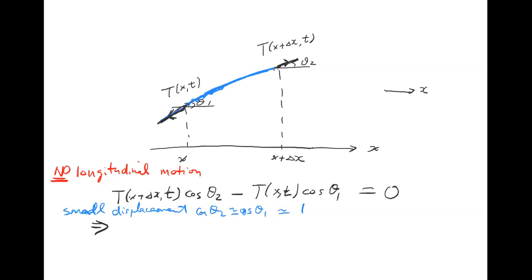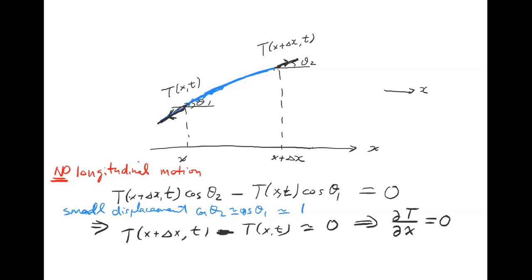So we have T(x plus delta x, t) minus T(x, t) approximately equal to 0. In other words, we have dT/dx being 0. So that follows from the assumption of no longitudinal motion and small displacement.